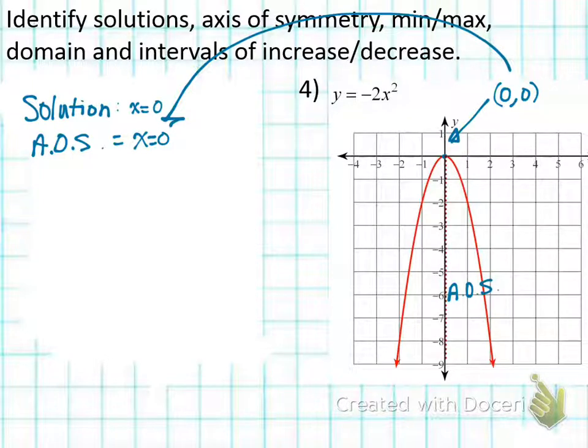Okay, so this isn't a question of difficulty. You're just identifying parts right now. It's very low depth of knowledge. Okay, next one is minimum or maximum. Is there a highest point or lowest point on this graph? Is it a minimum or maximum then? Minimum or maximum, everyone? Maximum, good, okay.